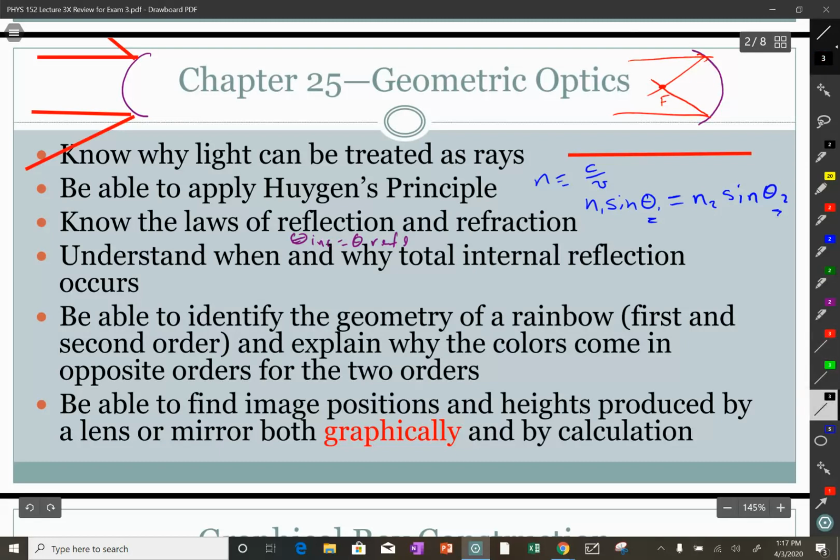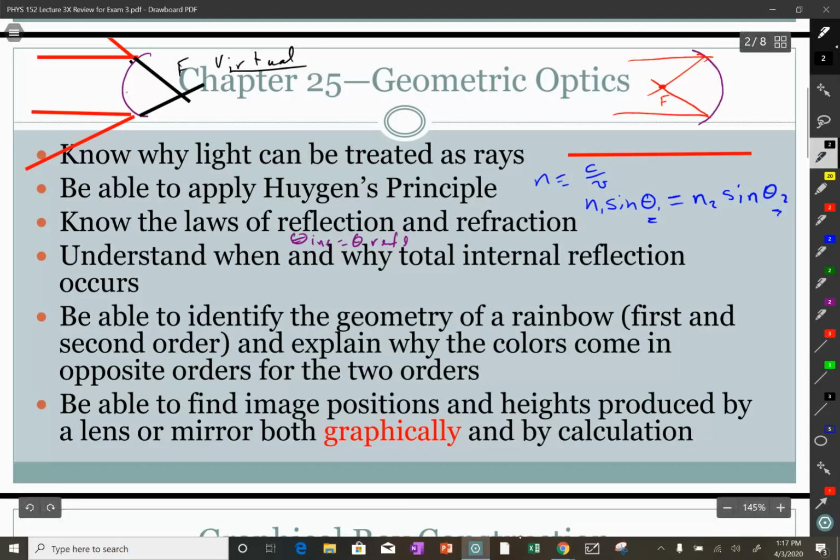But if you extrapolate those rays, the extrapolations meet. And so where those extrapolations meet, we call that a focal point as well. But this is a virtual focal point. Virtual because they didn't actually meet there.